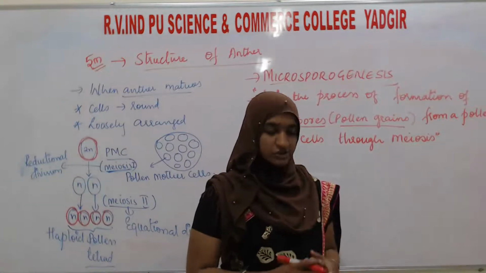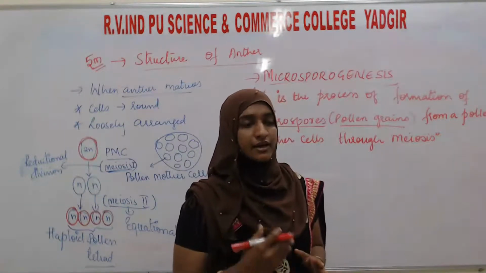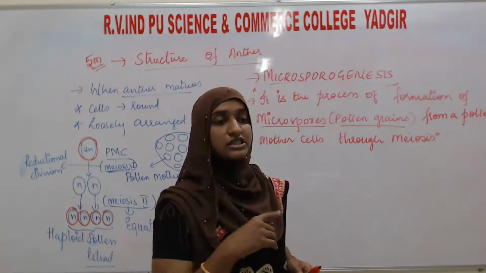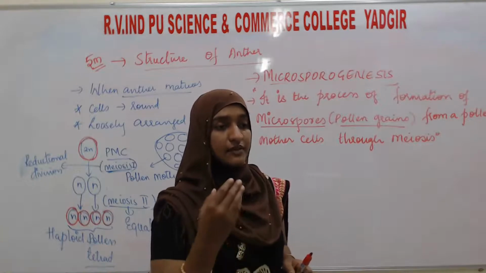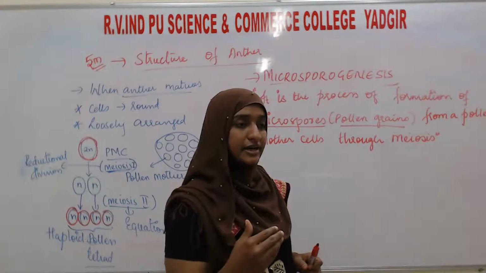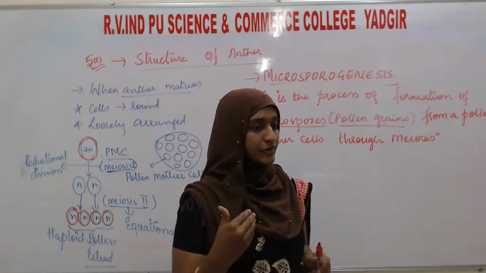So, when the anther matures, the middle layer and the tapetum layer are going to degenerate. In the TS section of anther, you had seen there will be 4 wall layers. In that, the third layer is the middle layer, and the innermost layer is the tapetum layer.